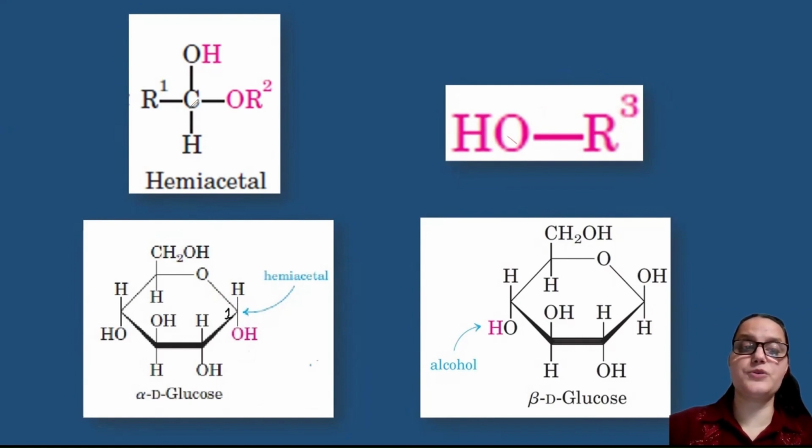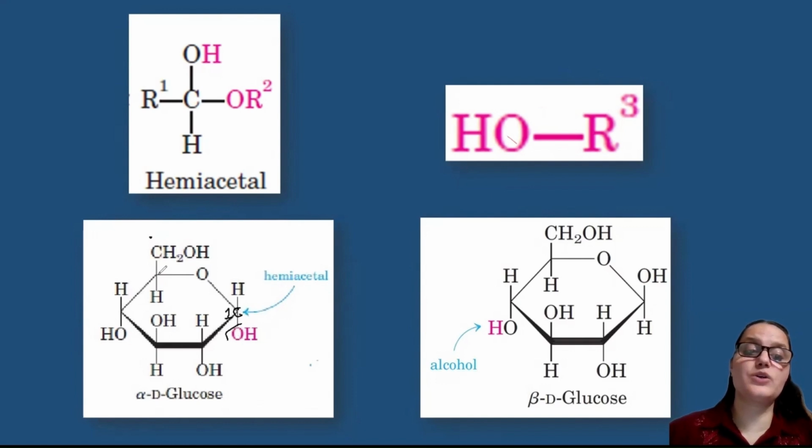This carbon is associated with a hydroxyl group on one side and a hydrogen on the other side, while on the third side it is associated directly with the alkyl group. So the whole of this group is the alkyl group up to the carbon number 6. This is carbon number 6.